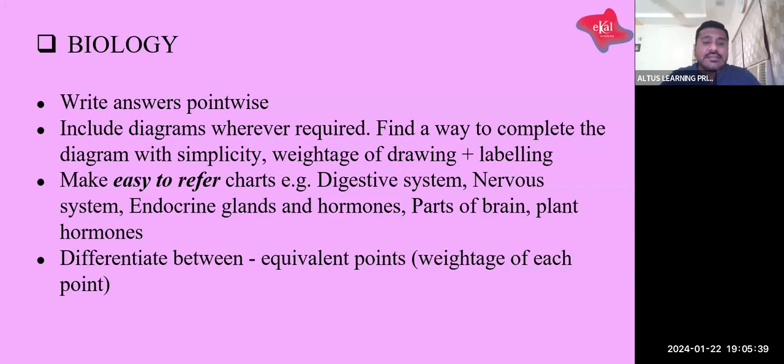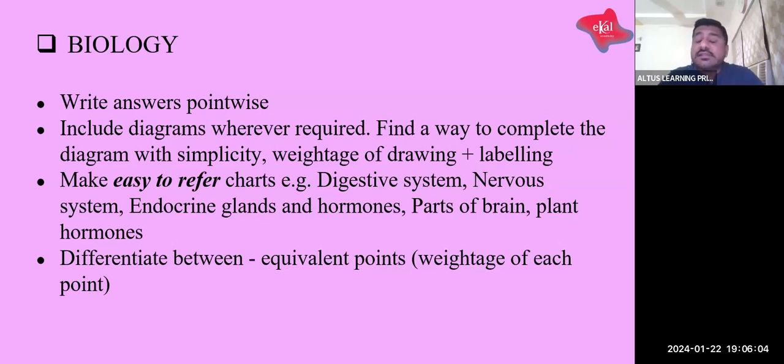There are certain points where you will not be able to identify the difference and the similarity. So you have to differentiate between equivalent points. Make sure that you are not writing one point again and again in different language. That will not lead to a big answer, or that will not create a good impression.